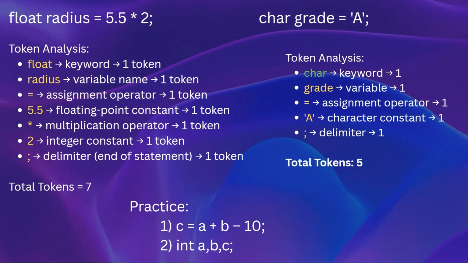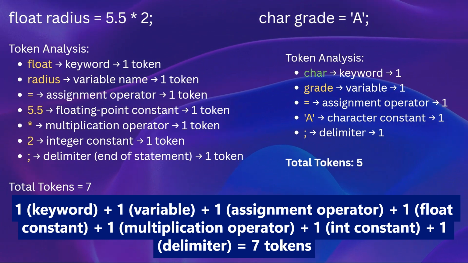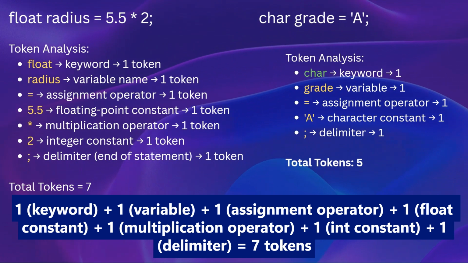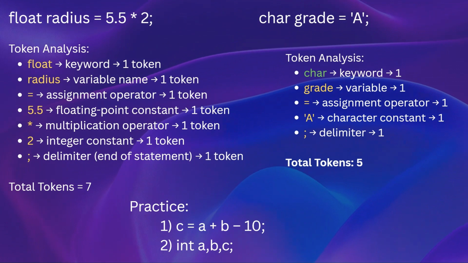So let's count the tokens: float 1, radius 2, equal sign 3, 5.5 4, asterisk 5, 2 6, and semicolon 7. So the total tokens are 7. So see the next example.